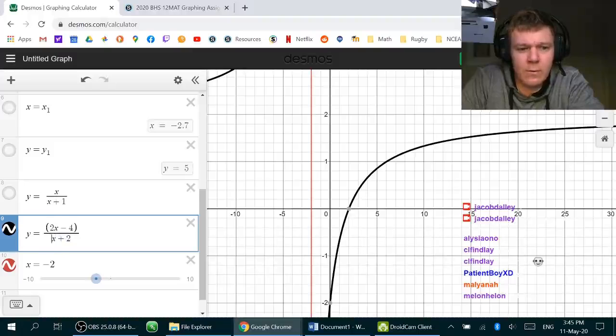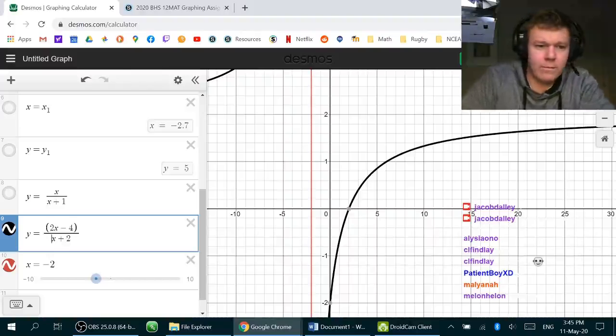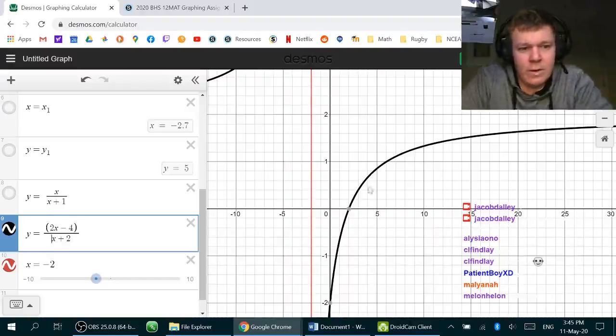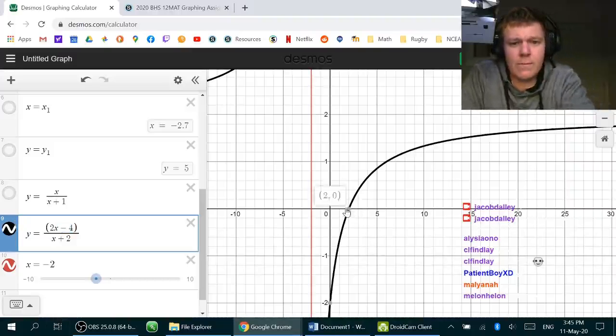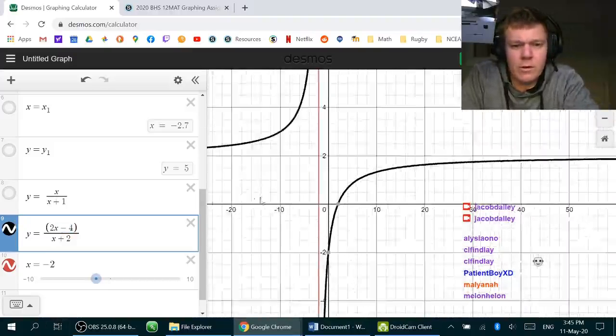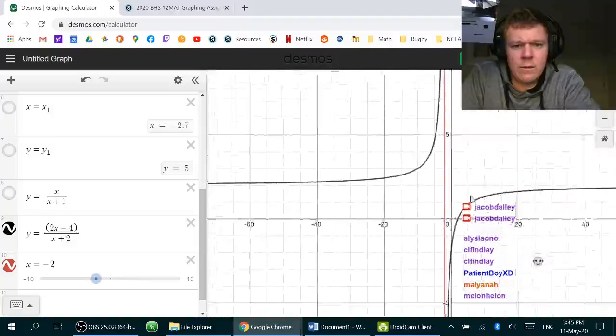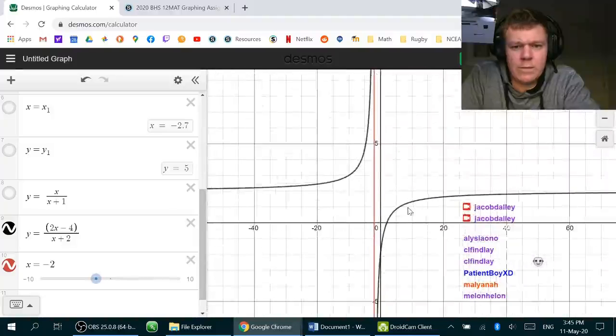So you're going to be left with 0 equals the top term, 2x minus 4, which means that x needs to be 2 for this to work. And I don't think there'll be any other solutions for that. Yeah.